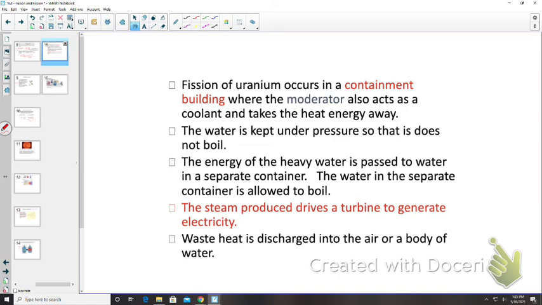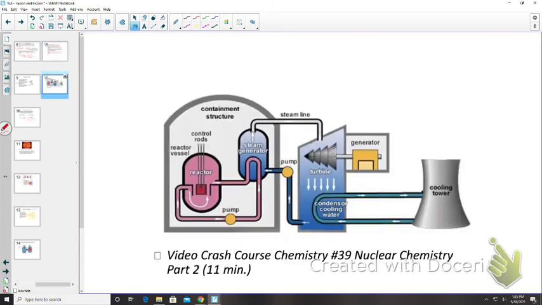That's why typically nuclear power plants are found near bodies of water. This is just an image here of what we just talked about. This is the reactor where we have the heavy water under high pressure, so it does not evaporate.